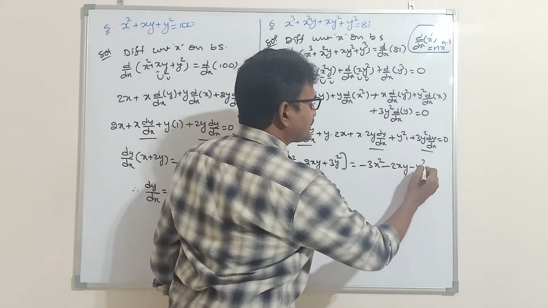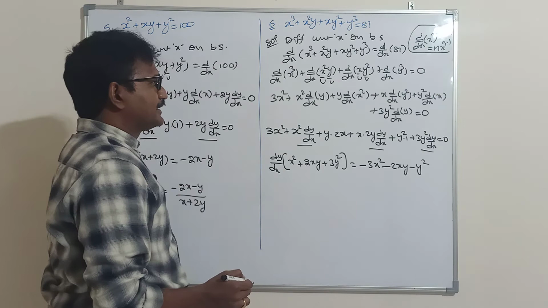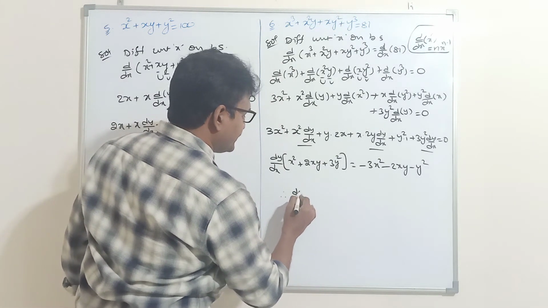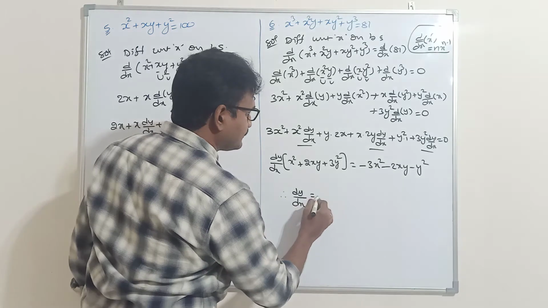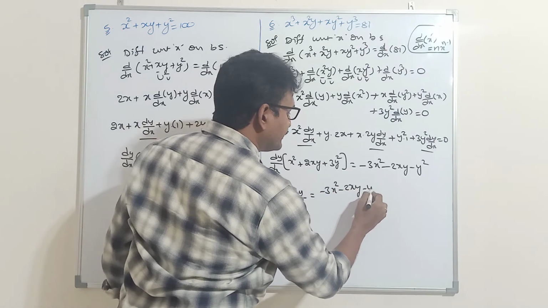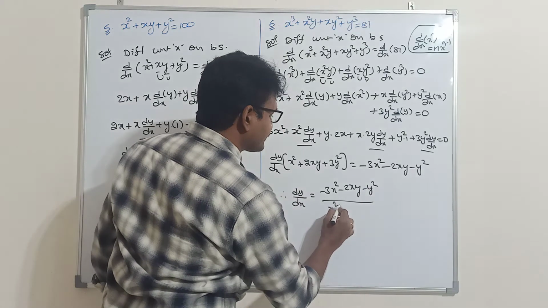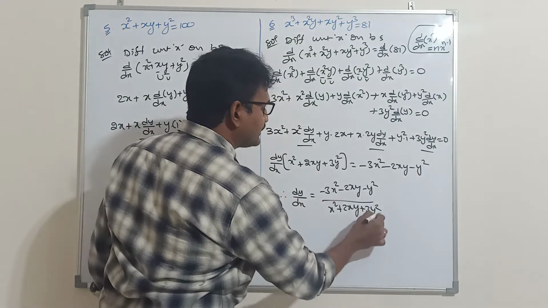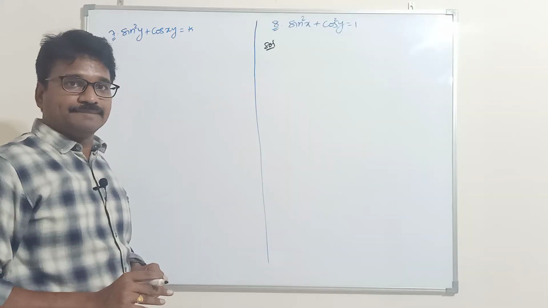Next minus y square we will get. Therefore dy by dx is equal to, finally, minus 3x square minus 2xy minus y square by x square plus 2xy plus 3y square. This is the derivative of the given function.